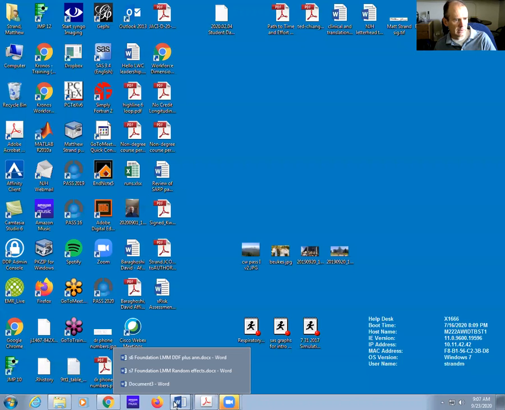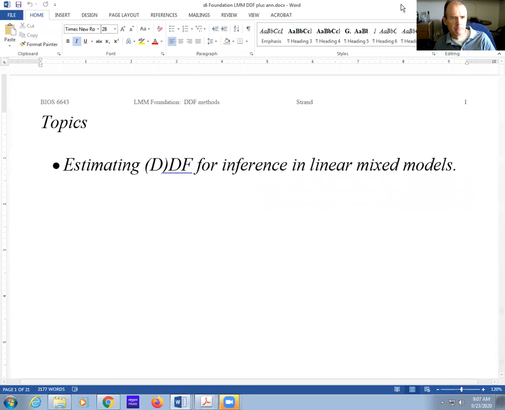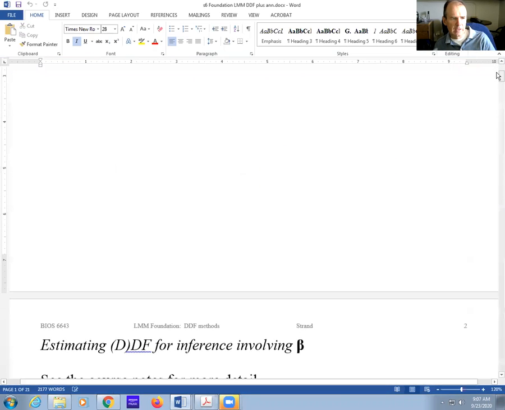We are segueing back into the denominator degrees of freedom, and how, when we talked about mixed models, when you're doing inference for the fixed effects, we develop these test statistics, and then we can estimate the parameters in those test statistics using maximum likelihood estimation.